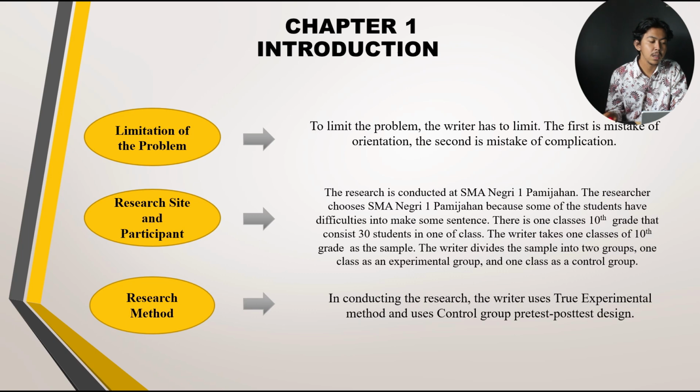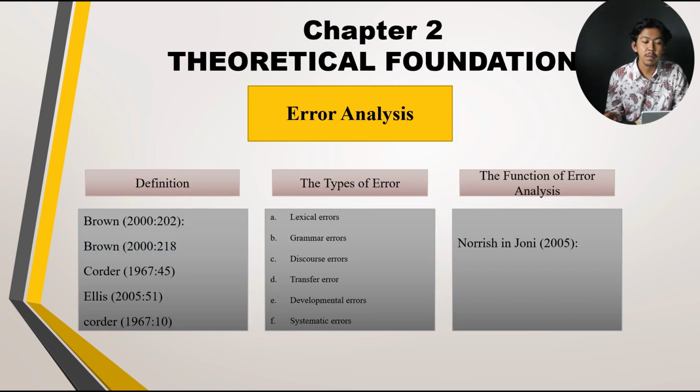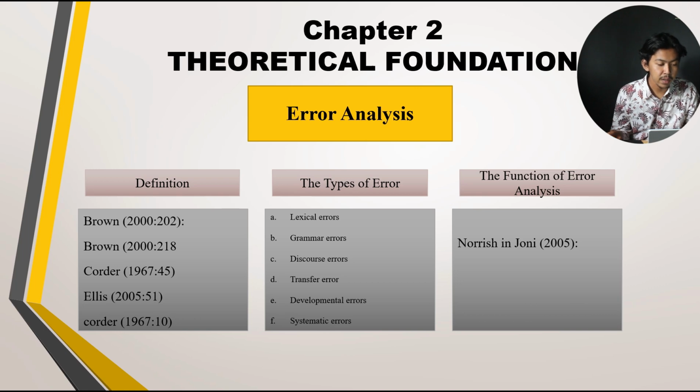Okay, next is chapter 2, theoretical foundation. Error analysis, definition, Brown, Carter analysis. The types of error: first is lexical errors, second is grammar errors, third is discourse errors, next is transfer error, and the next is developmental errors, and the last is semantic error.